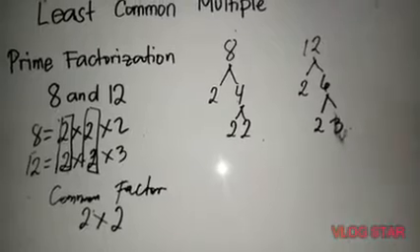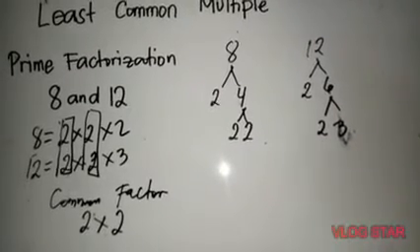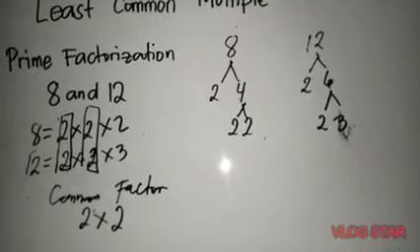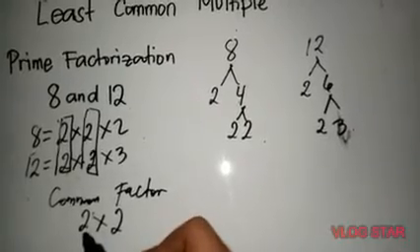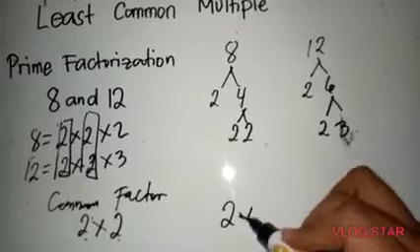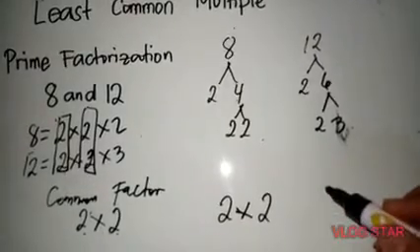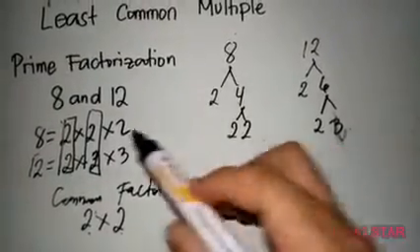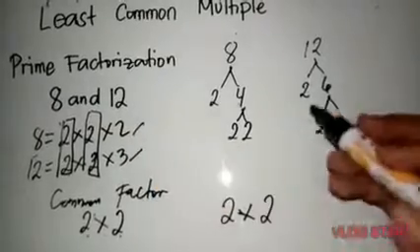After we determine the common factors of the two numbers using prime factorization, multiply the common factors by the remaining prime factors. Since the common factor is 2 times 2, multiply it by the remaining prime factors, which are 2 and 3.